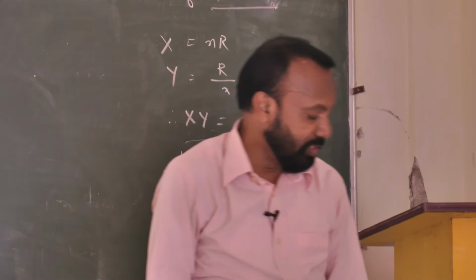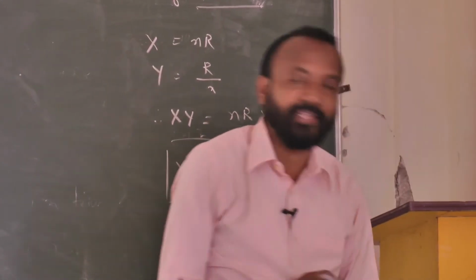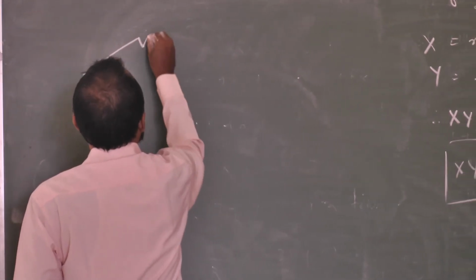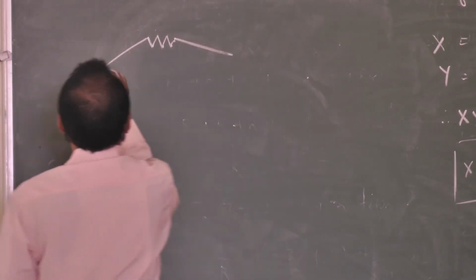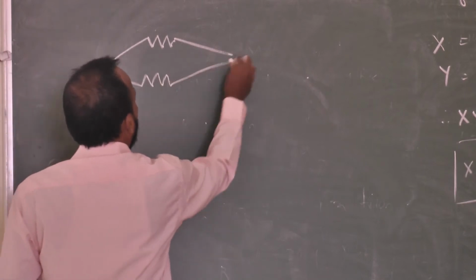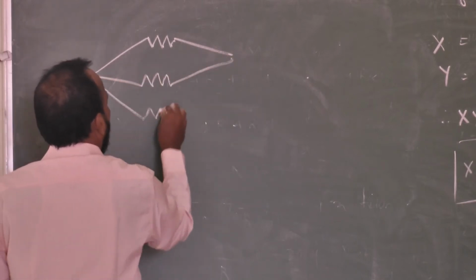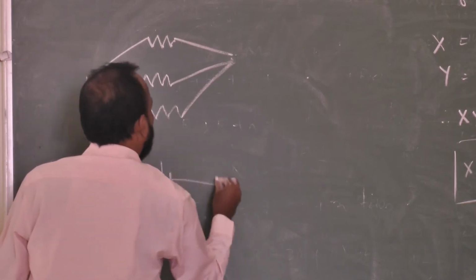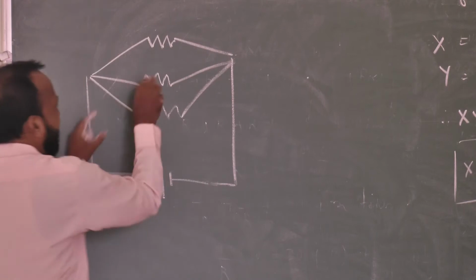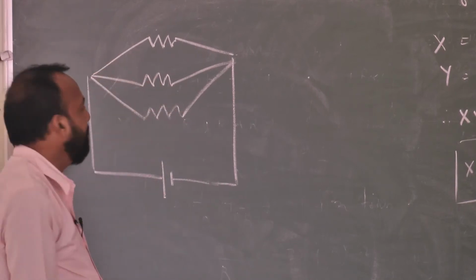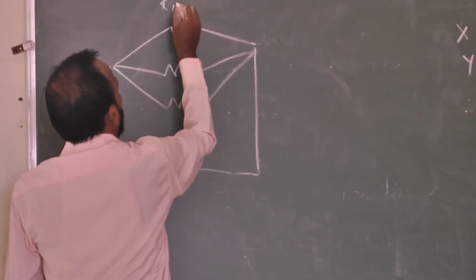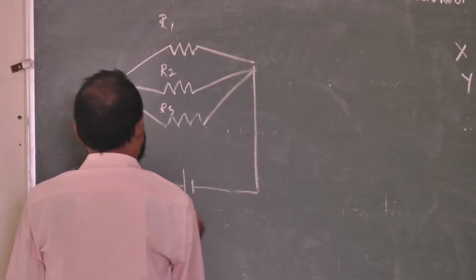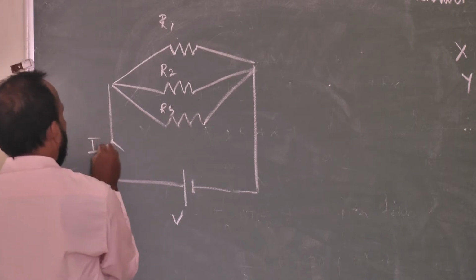The question is, a parallel combination of 3 resistors. Draw the diagram: this is R1, R2, R3, this is the potential V, and the current I is passing through it.